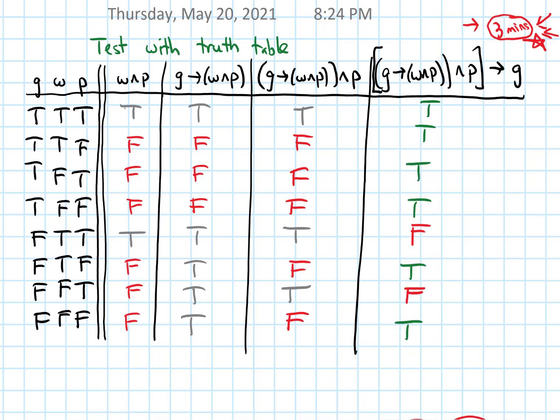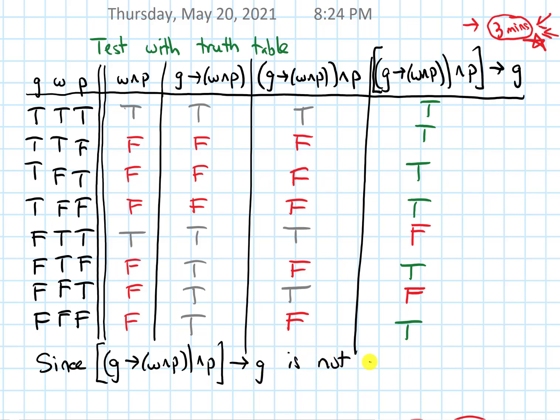So, our conclusion is, since this proposition, G implies W and P, that whole thing, and P, those are all the givens, let's put a big old bracket around them. All those givens implying G. Because this is not all true, it's not a tautology. Some of these outputs were false.